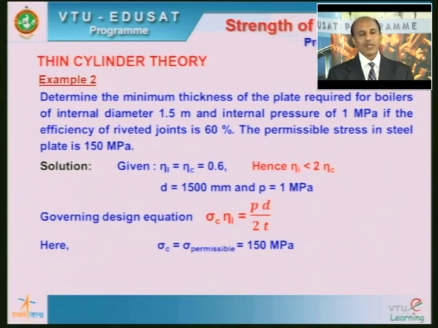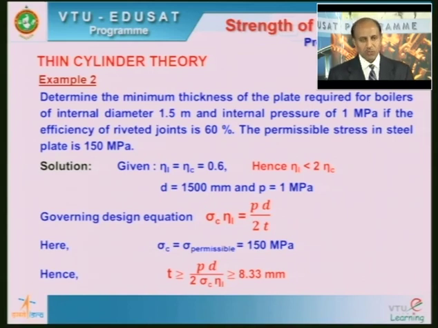We equate the circumferential stress with the maximum permissible stress given here, which is 150 megapascals. So, T should be greater than or equal to PD by 2 times sigma C into eta L. All information is available; substitute and simplify, and the minimum thickness we have to provide in this case is 8.33 millimeters.